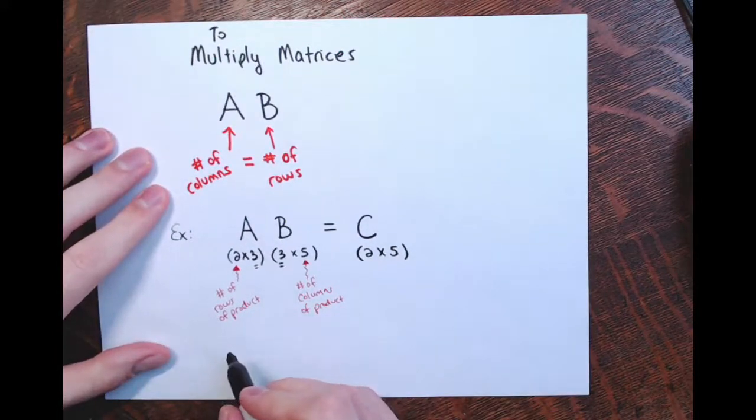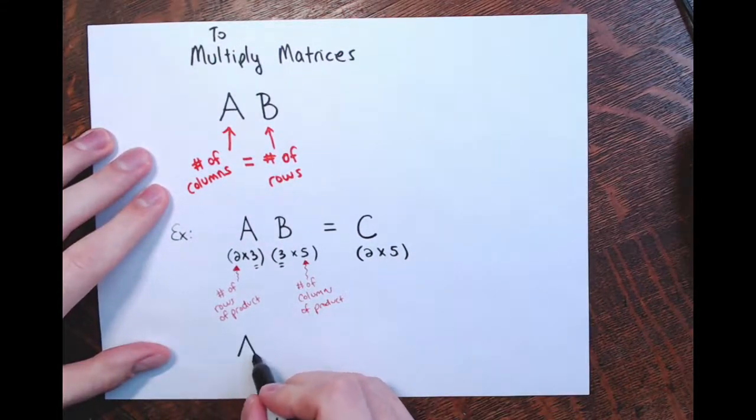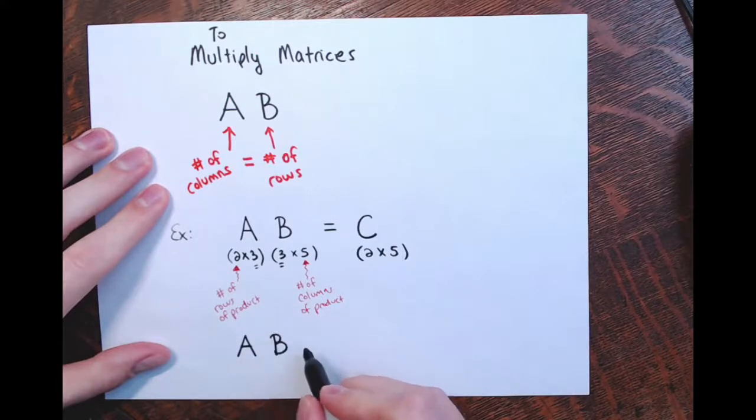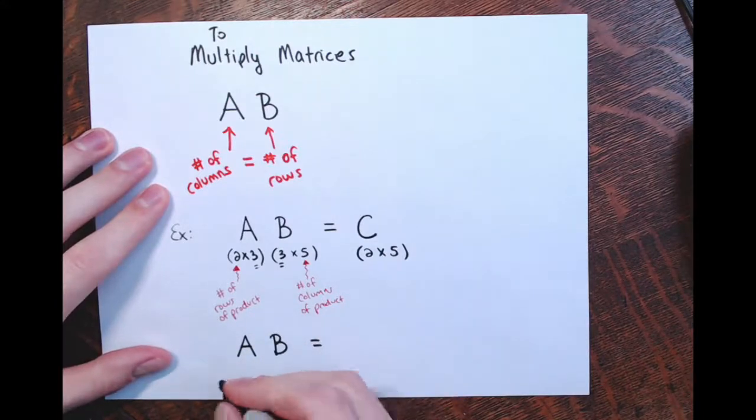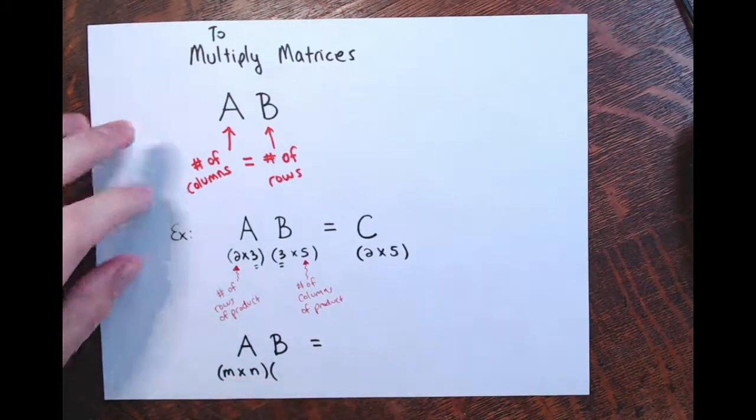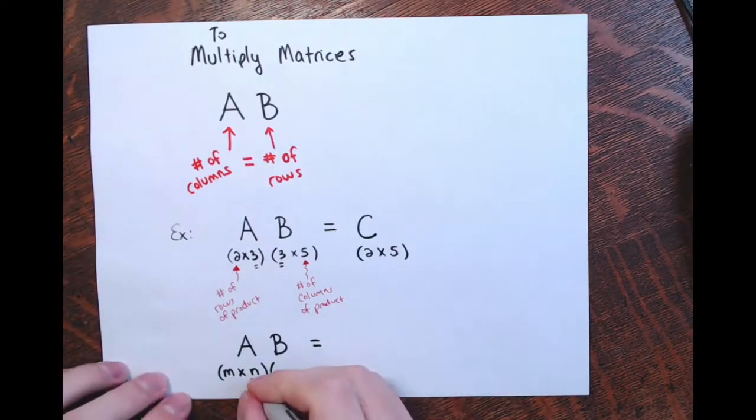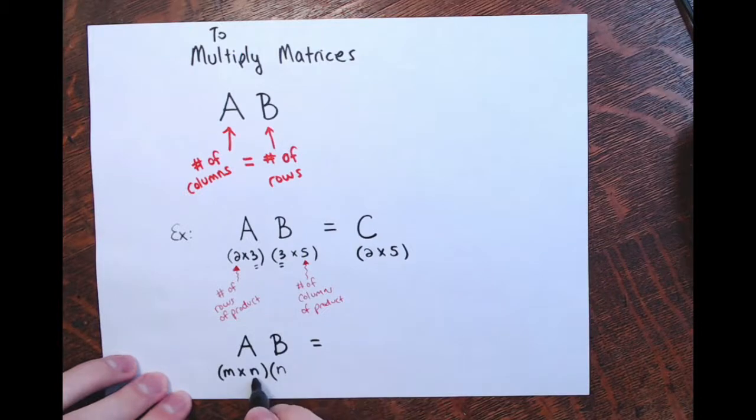So in general, if I have 2 matrices and I'm multiplying them, if the left matrix is, say, an M by N matrix, well, then the right matrix has to have N rows. There are N columns in the left matrix, so the right matrix will have to have N rows.